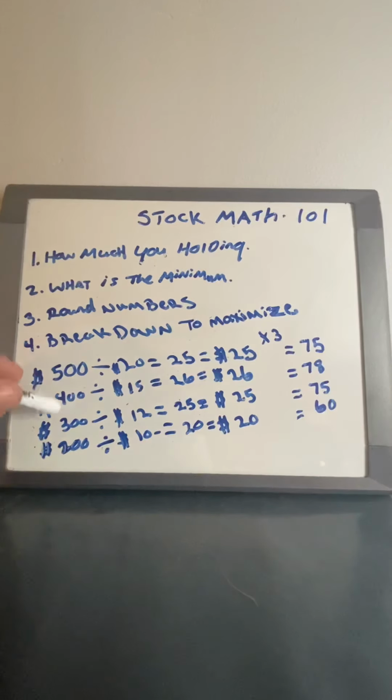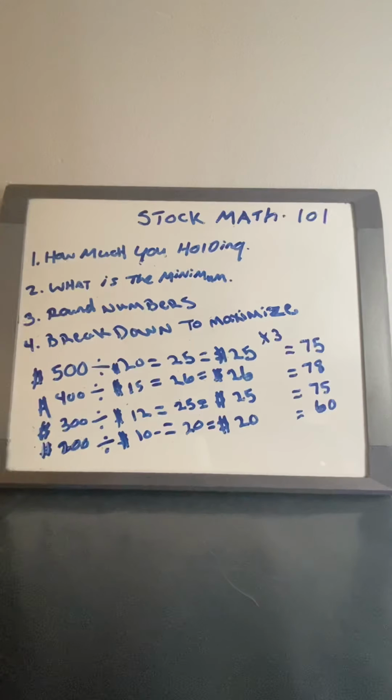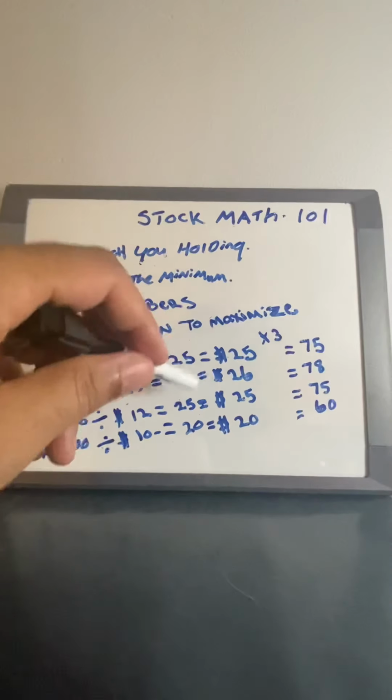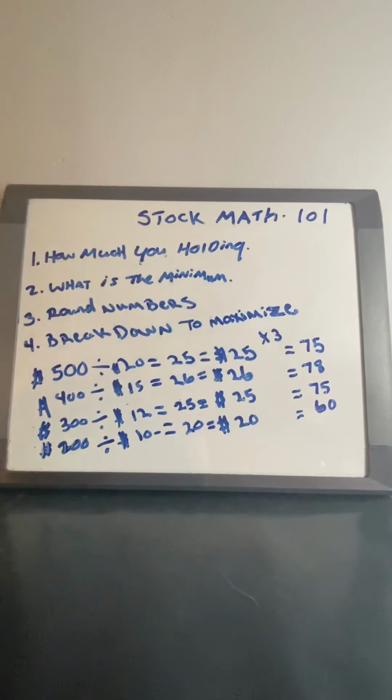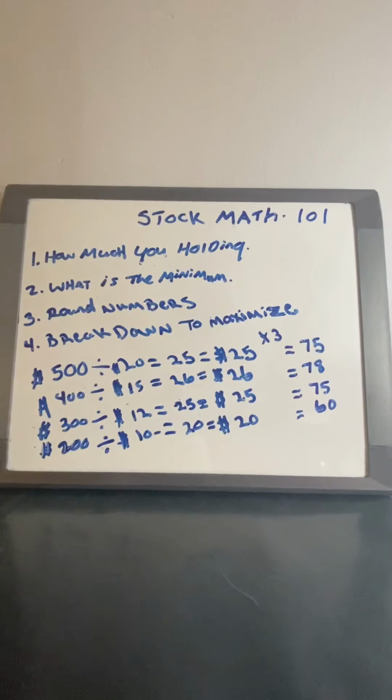So if you take 400 and you divide it by $15 per share, it's going to equal 26 shares. Now your goal, once again, $1 profit. You're going to make 26 every time, and times 3 is going to equal $78 at the end of that week.